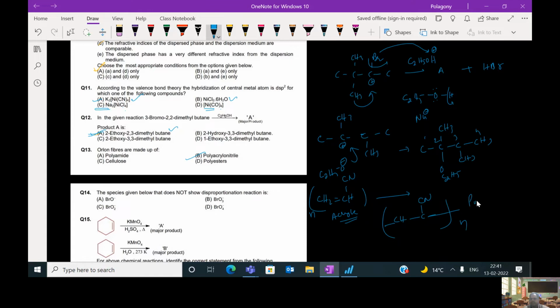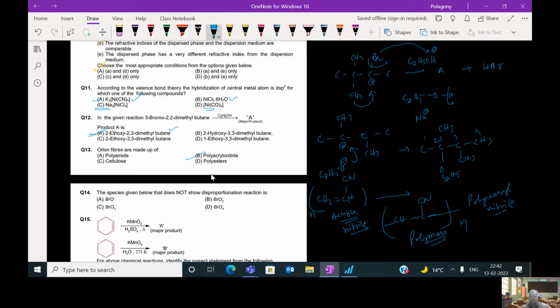So this is polyacrylonitrile. This is a monomer: acrylonitrile is the monomer. So polyacrylonitrile is the polymer, and the monomer is acrylonitrile.